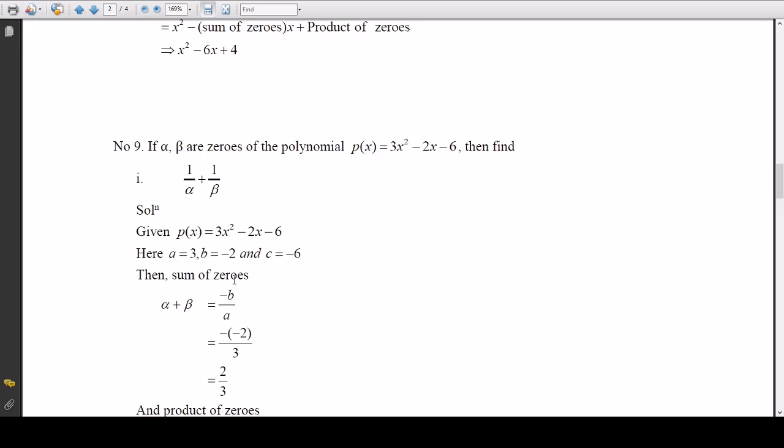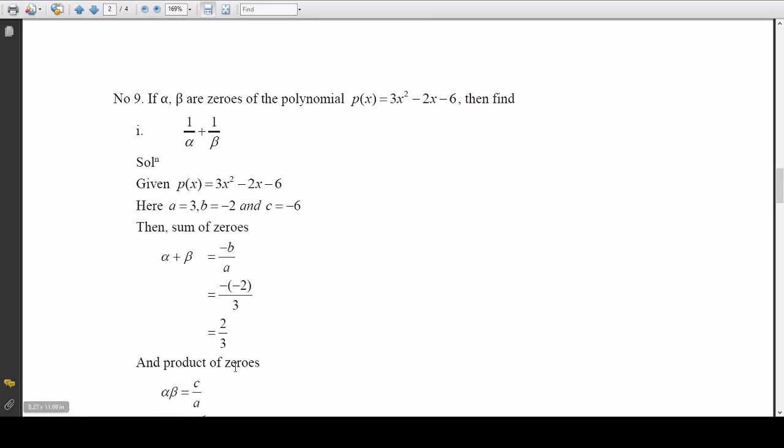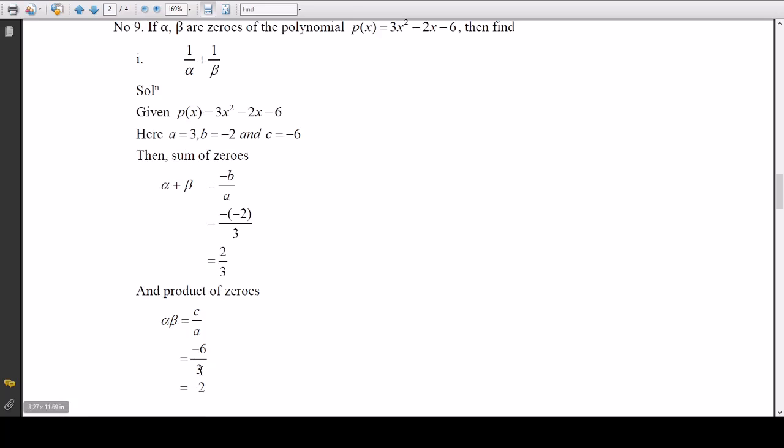Sum of zeros is minus b by a. That is the formula. Then what is b? Minus of b, b is minus 2. What is a? A is 3. Minus multiplied by minus is plus, that is 2 by 3 is the sum. And product is c by a. What is c? Minus 6 by 3, that is minus 2.